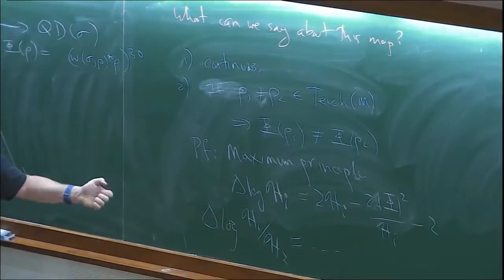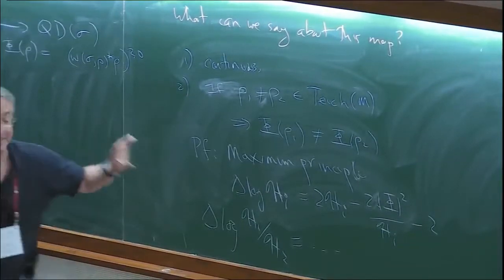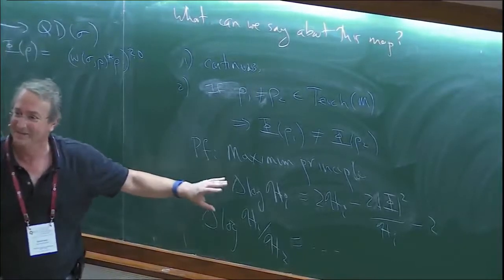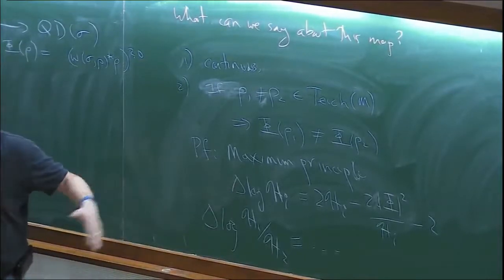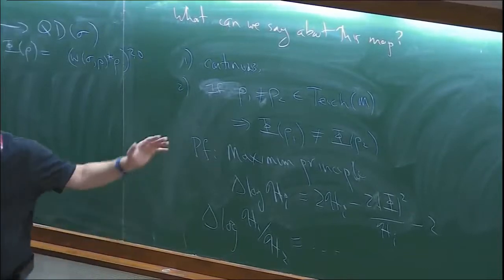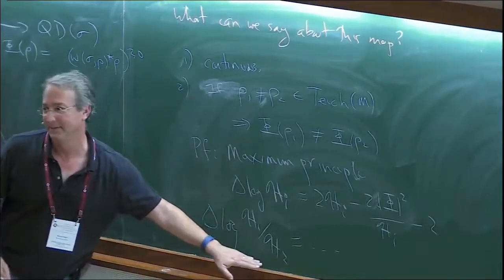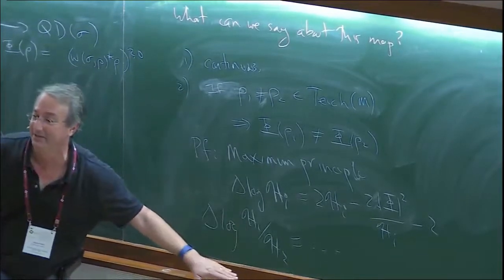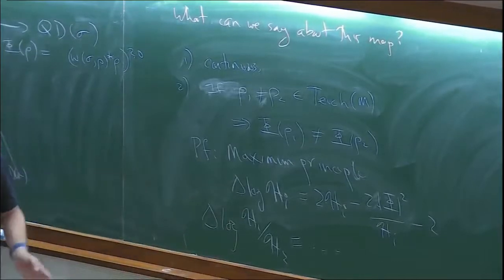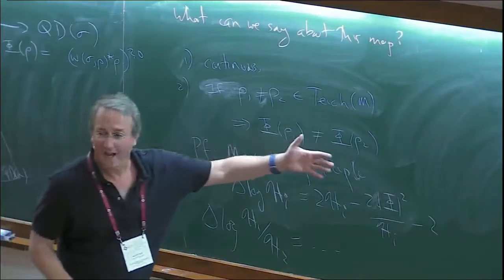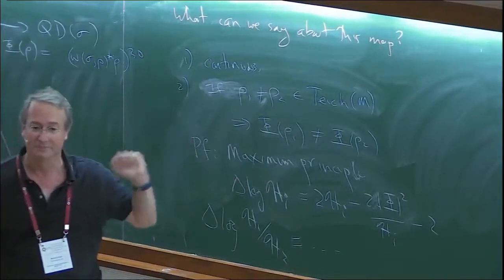Look at where it's biggest and use the maximum principle. This equation has a maximum principle. When the dust settles, it tells you that H1 can't be bigger than H2, and H2 can't be bigger than H1, so they have to agree. It's really amazing. So the Hopf differentials distinguish points.